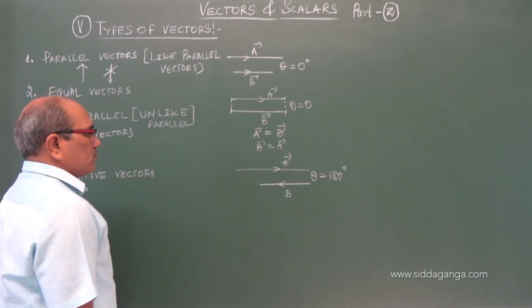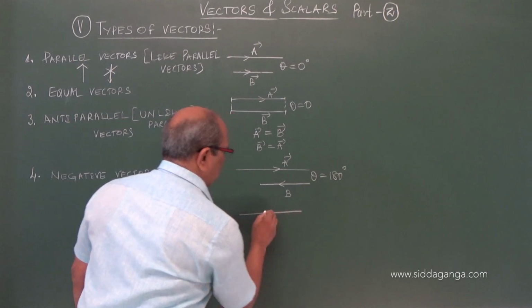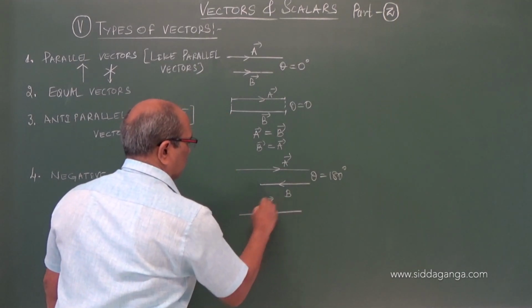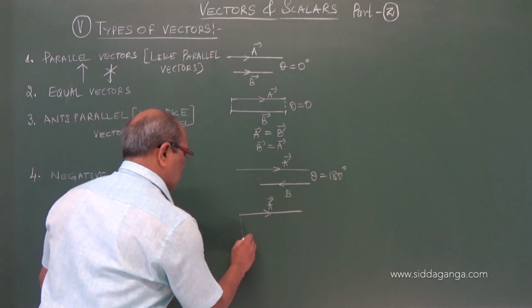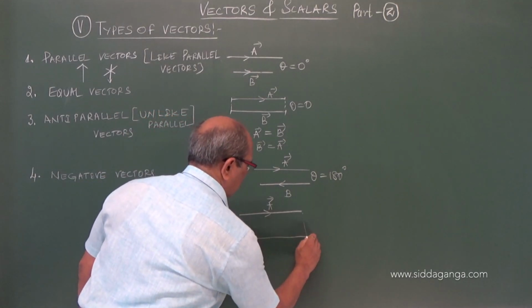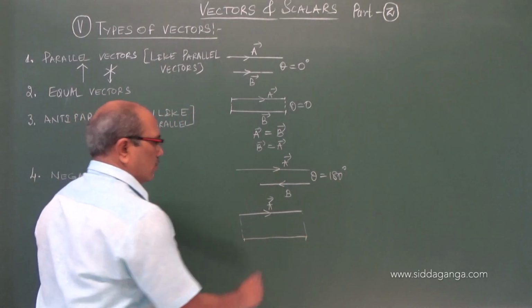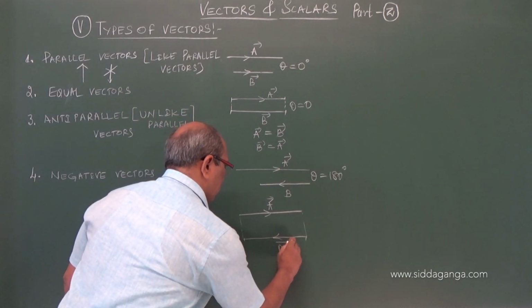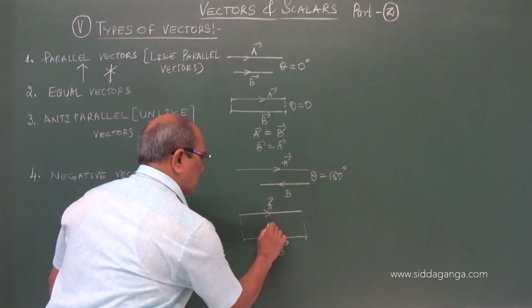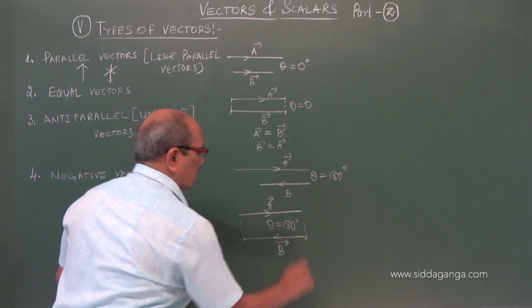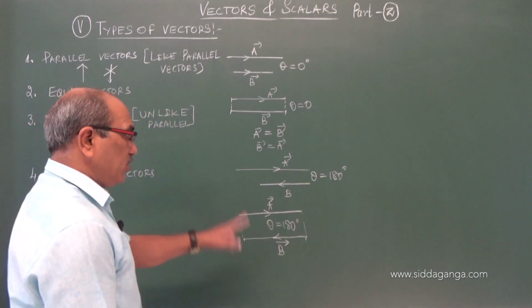Negative vectors. See, this is the vector A, so I can consider another vector with the same magnitude but in the opposite direction. Theta is 180 degrees, but the magnitude is the same.